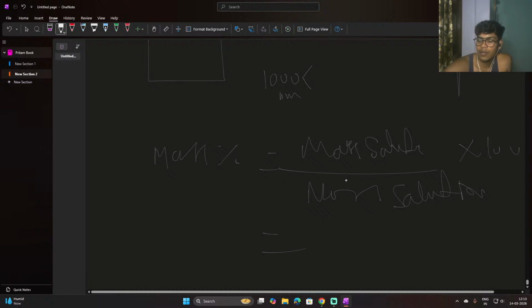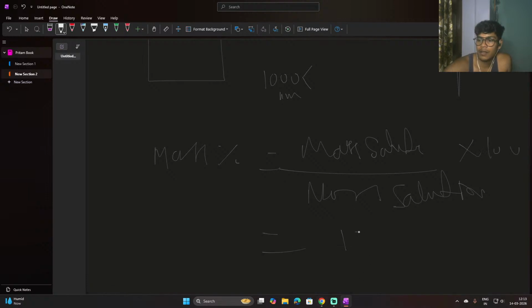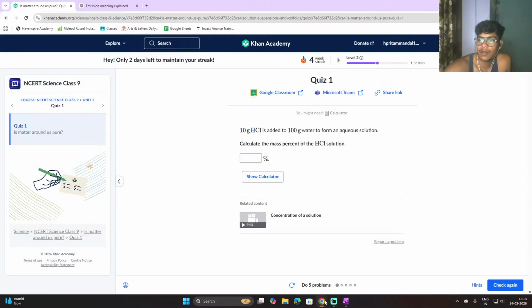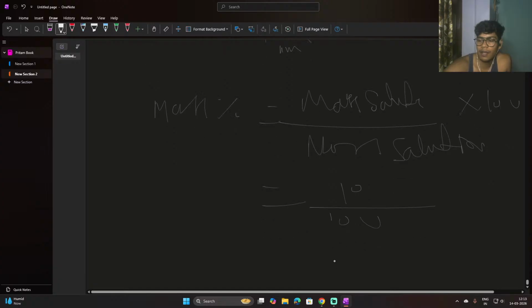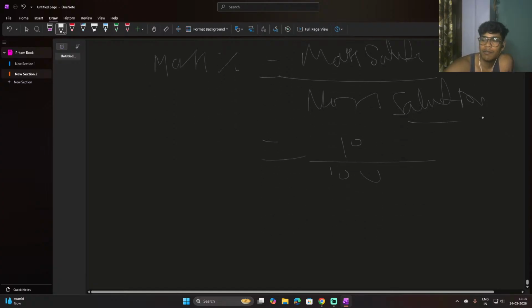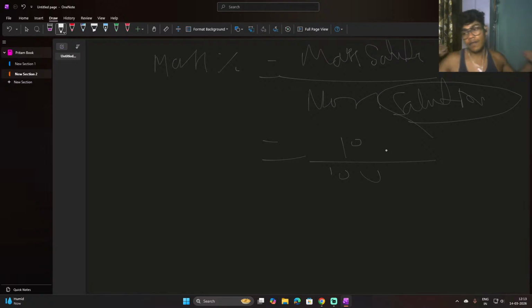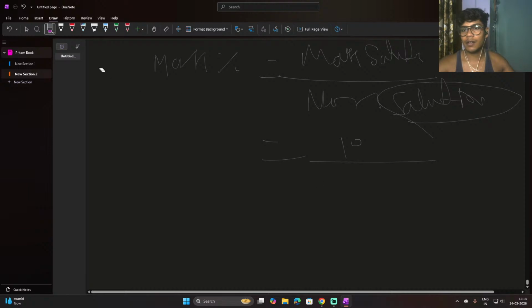So what is the mass of solute here? 10 HCl, right? And mass of solution is 100? Why 100? Because they are saying added to 100 gram of water, but no, it's 110. Why? Because they are asking mass of solution, not solvent. If they are asking solvent, then we'll use 100, but here they are asking solution, then we'll use 110.